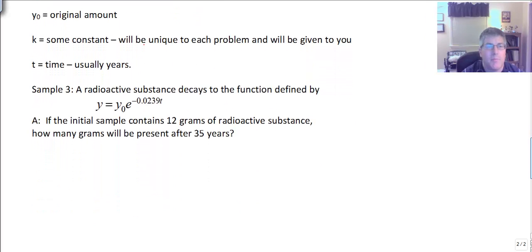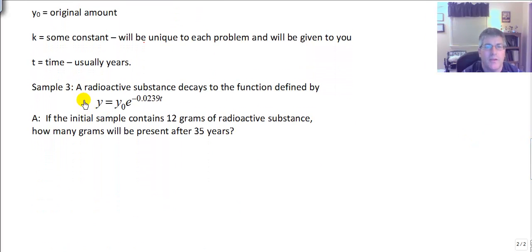So if we do this sample 3, a radioactive substance decays according to the function defined by y equals y sub 0 e to the, now here's our k, negative 0.0239t. If the initial sample contains 12 grams of radioactive substance, y sub 0, how many grams will be present after 35 years? So y equals 12 times e raised to the negative 0.0239 times 35.